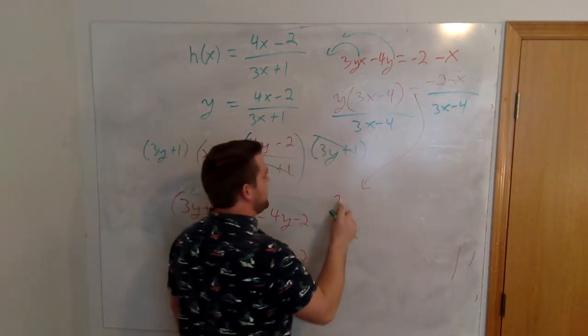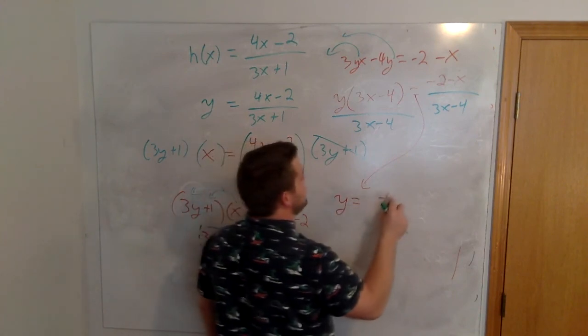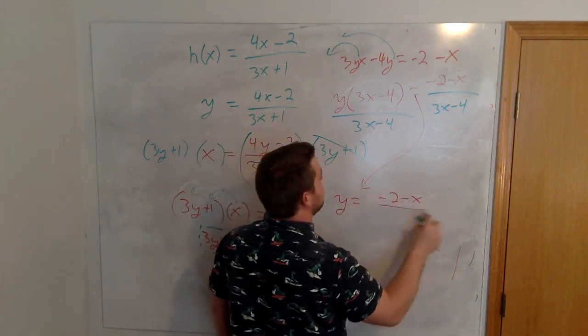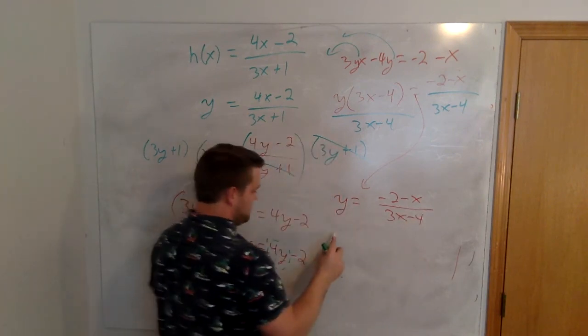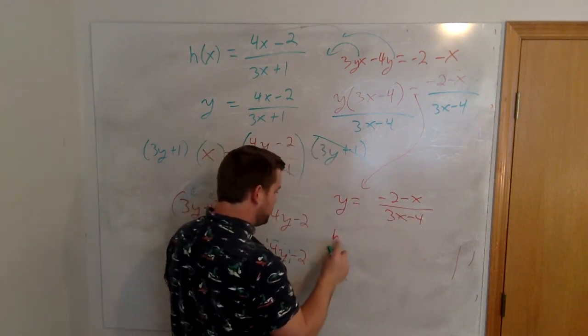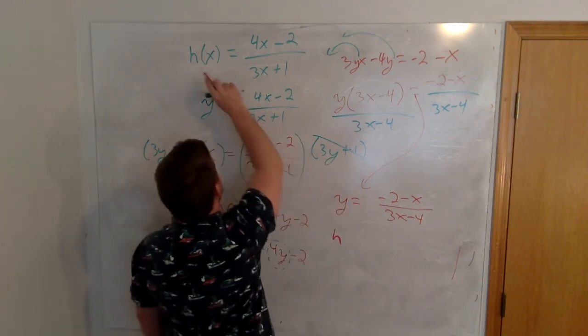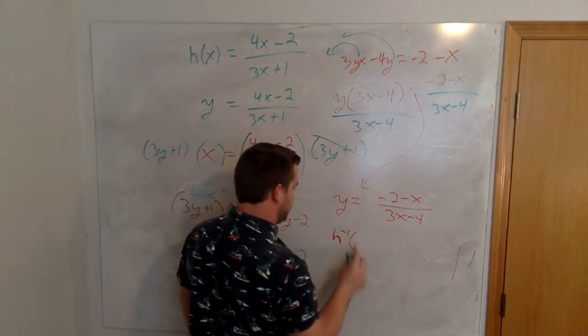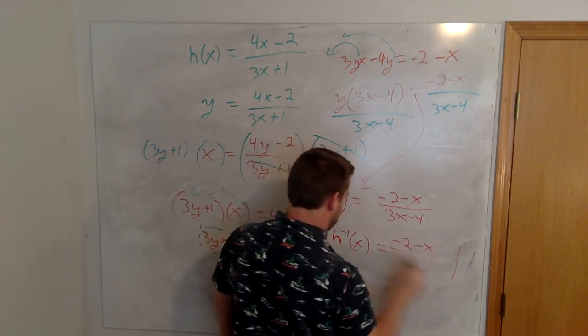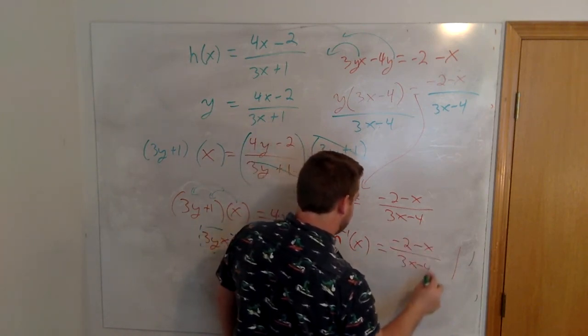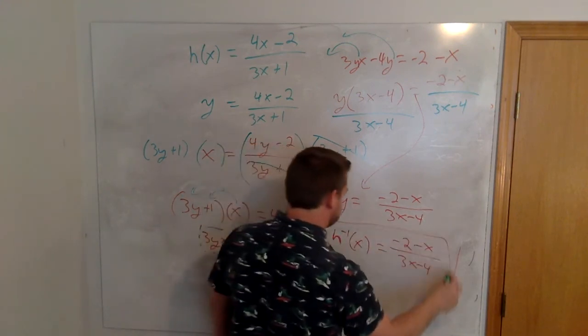So now we have that y is equal to negative 2 minus x all over 3x minus 4. Let's go back and use function notation. This is the inverse of h, so we'll write h inverse of x is equal to negative 2 minus x all over 3x minus 4. And this is the answer.